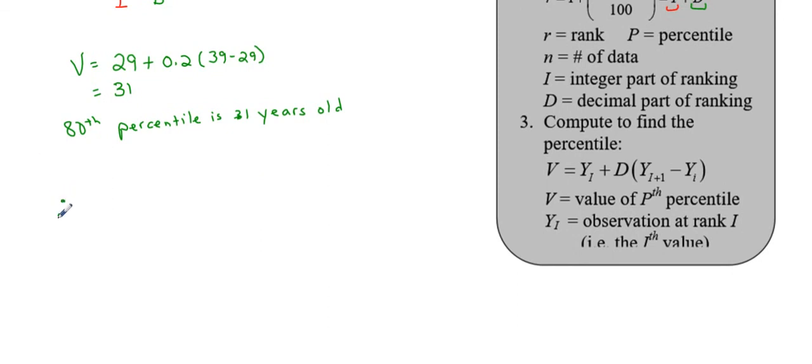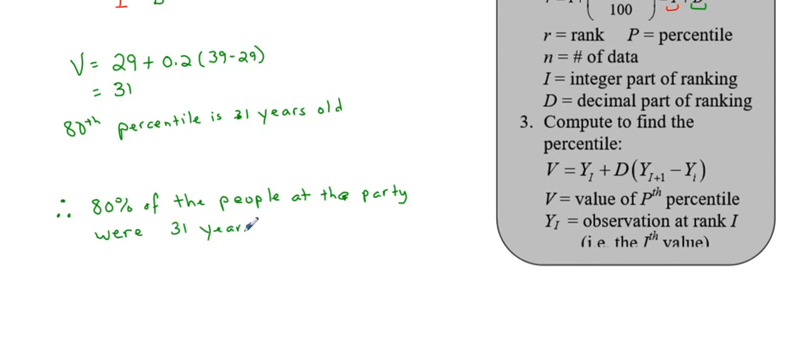That means 80% of the people at the party were 31 years old or less. Or you could say younger.